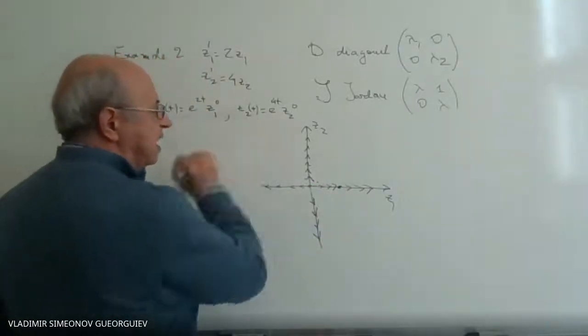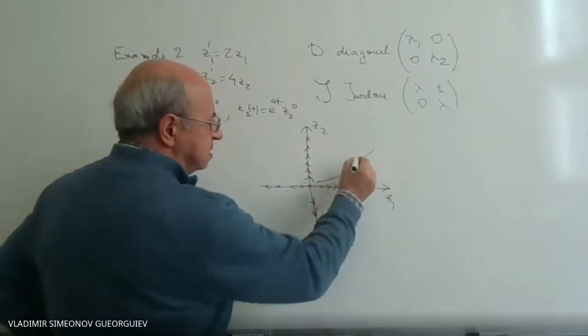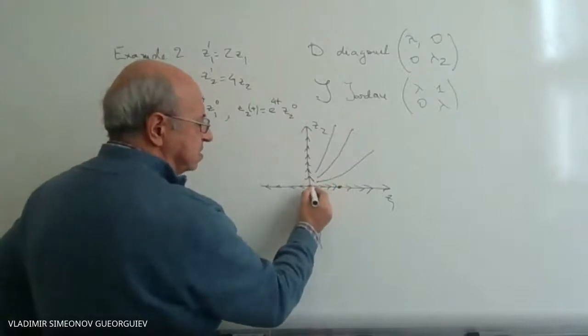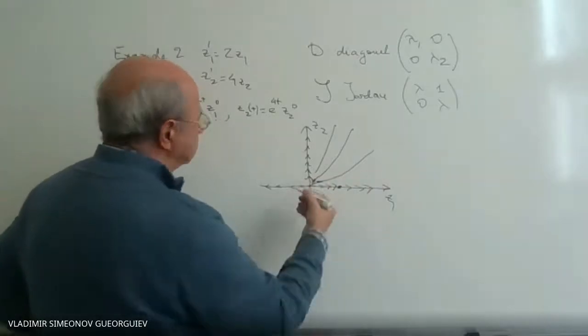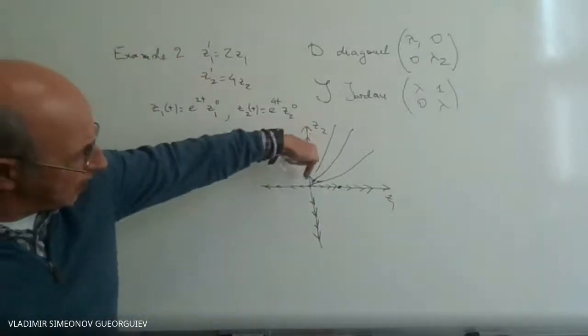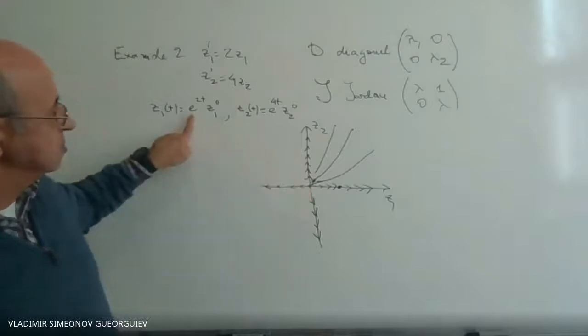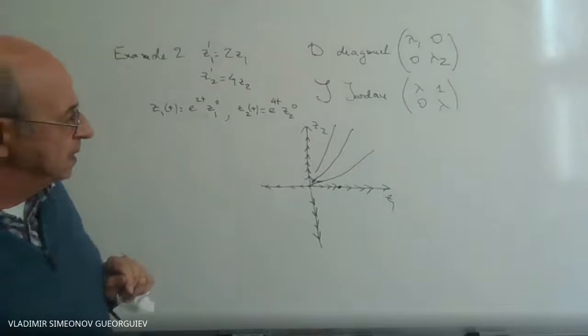Of course, both are increasing, therefore we shall have something like this, such that when t goes to minus infinity, you shall be close to the origin, because both go to 0.